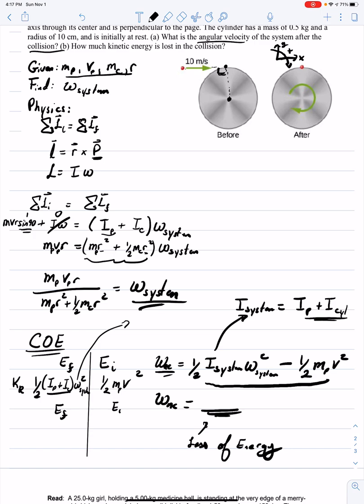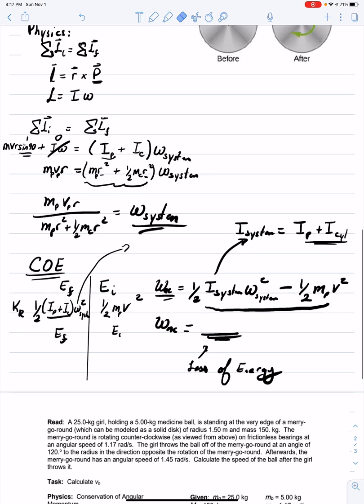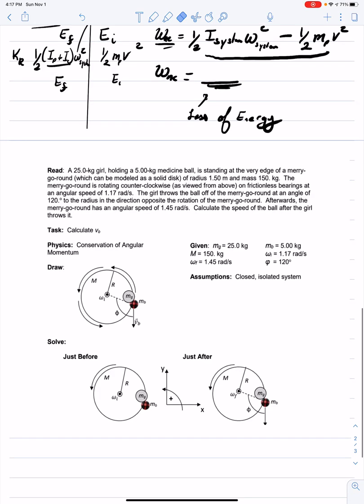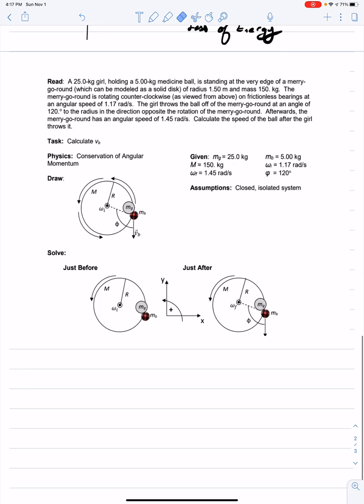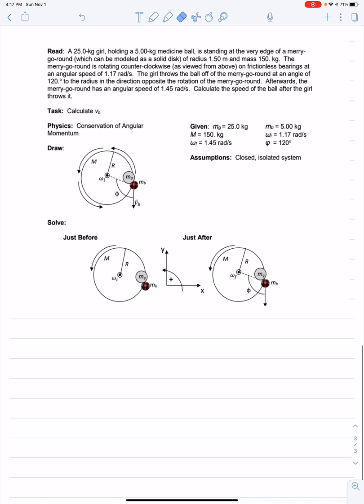Okay, so now we're going into another problem, and this is for your own learning. This would be good for you. This is actually a problem from the supplement. So look at your supplement on the course website.